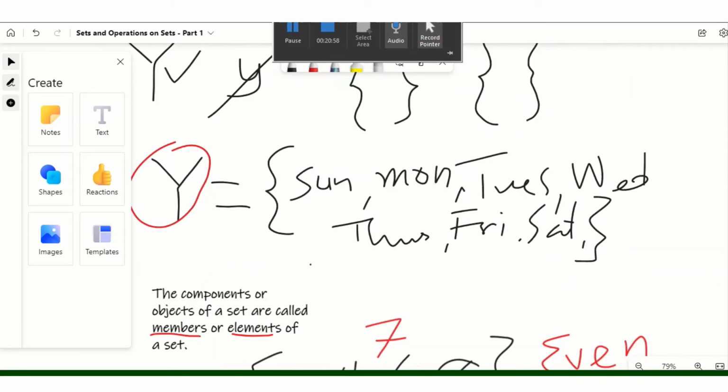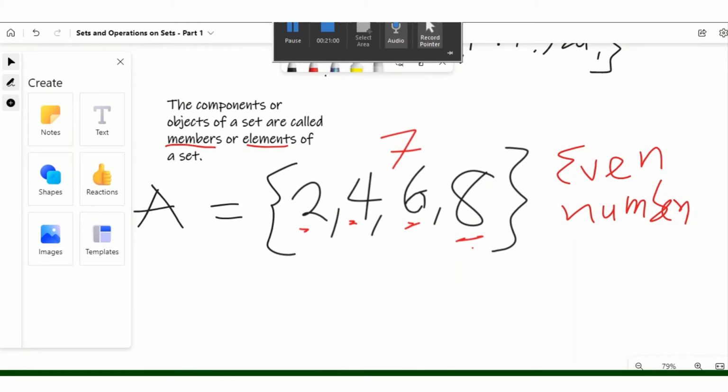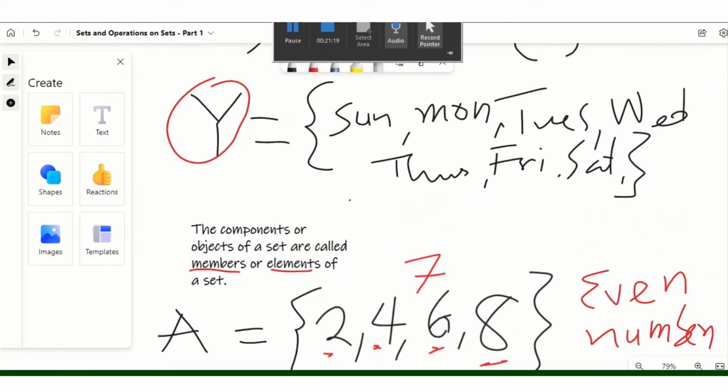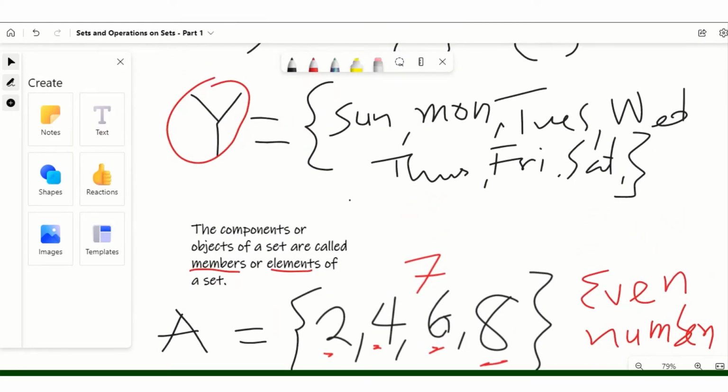If I add 7, they are not of the same kind. But 2, 4, 6, 8, they are all even numbers. They are all the same kind, and it's a collection. It's not just one, and it is definite. So we are just refreshing our memory on what a set is. Let's clean this up and go back.